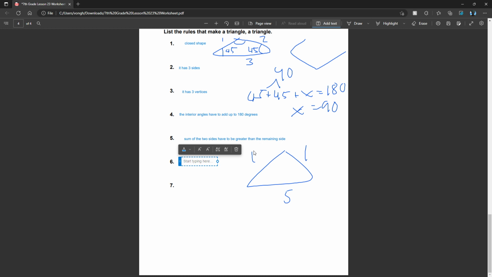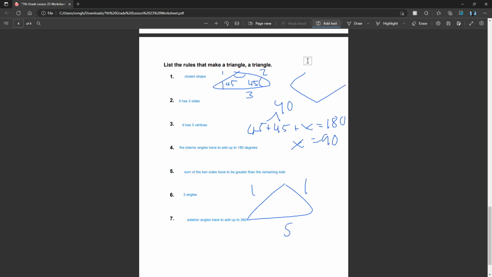Oh yeah, also a triangle has to have 3 angles. I think we kind of covered that though. And the exterior angles have to add up to 360.